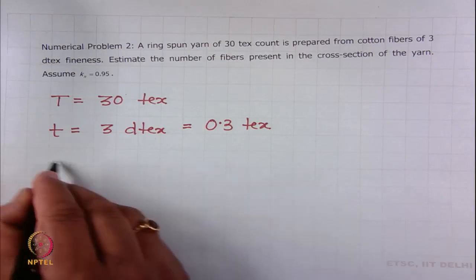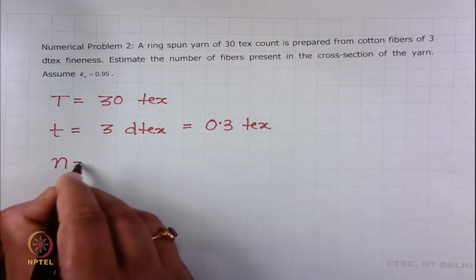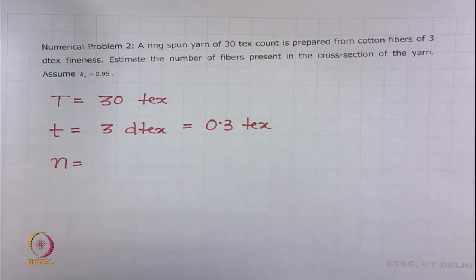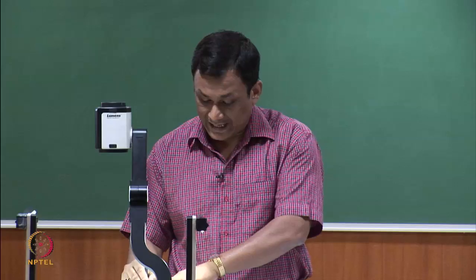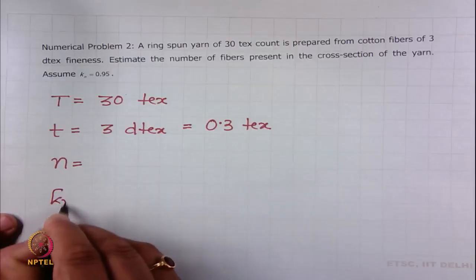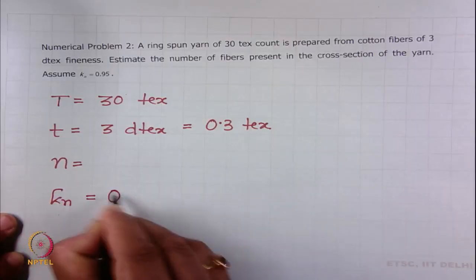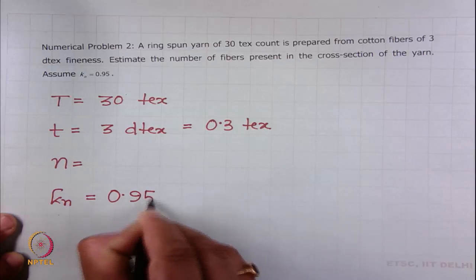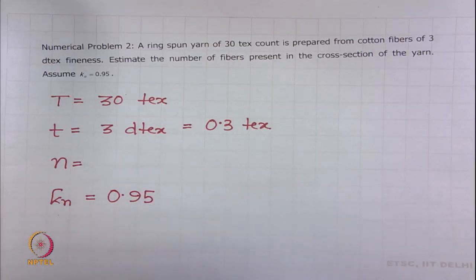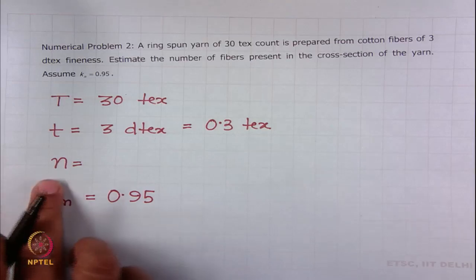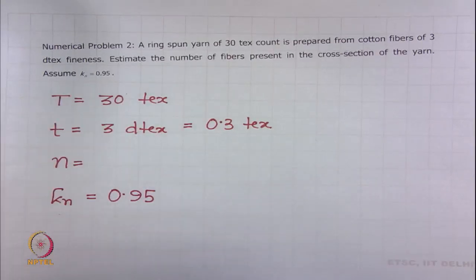So, you need to find out n. What is given more? Assume coefficient k n is 0.95. So, this is basically the problem. You need to find out n. These 3 values are given.